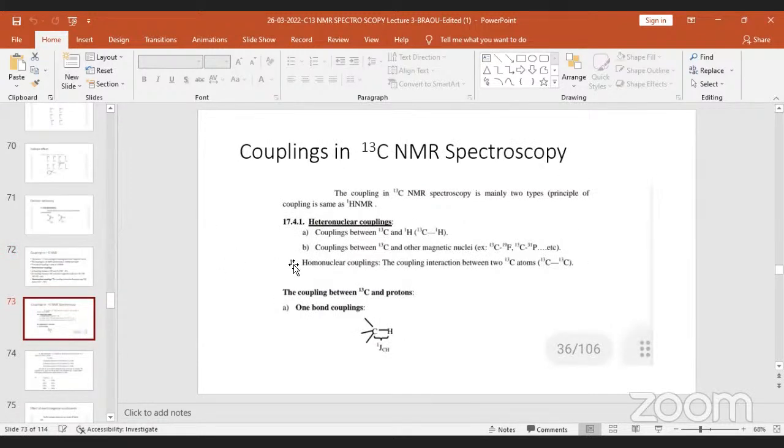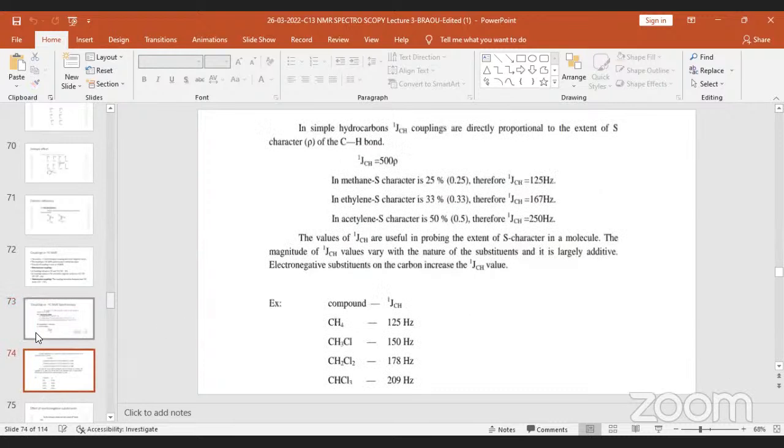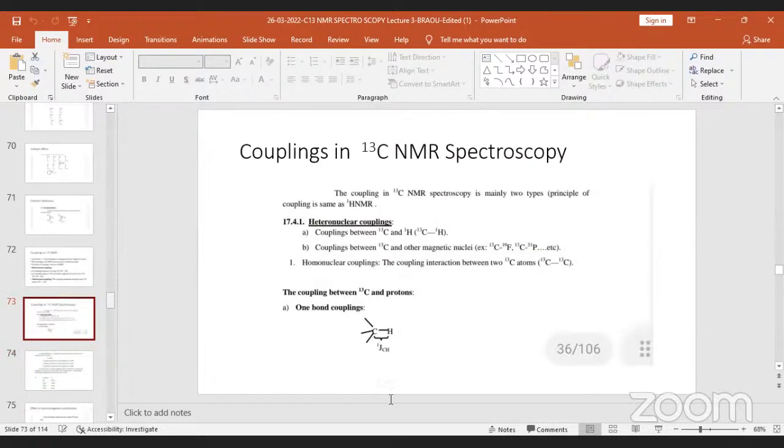The most important couplings in C13 NMR are the coupling between carbon and hydrogen. Here also you can have three types of couplings: 1 bond couplings, 2 bond couplings, and 3 bond couplings. Even 4 bond couplings may be there, but up to 3 bonds is quite common. 1 bond couplings mean what?